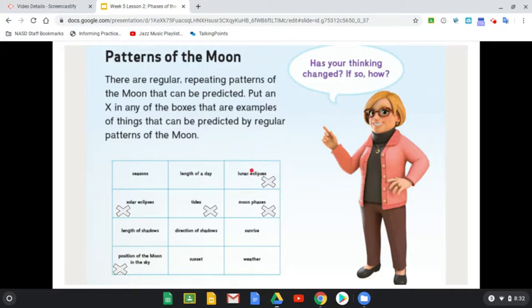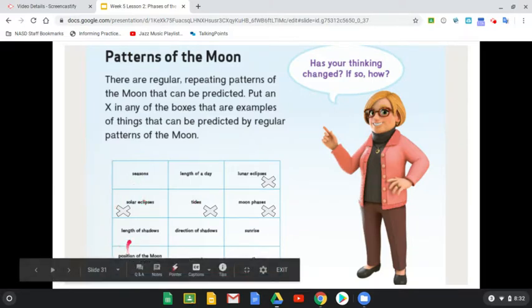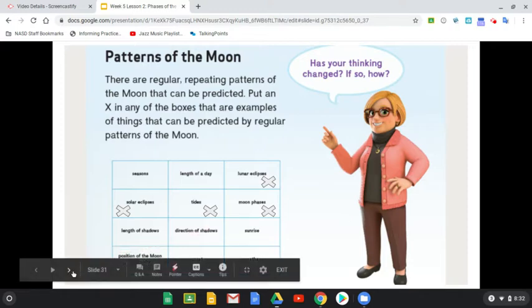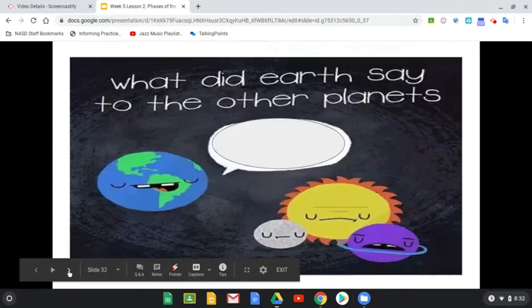So lunar eclipses, moon phases, tides, solar eclipses, and the position of the moon in the sky are all things that can be predicted by regular patterns of the moon. And so you may have changed your thinking at the end of this lesson, which is a good thing.